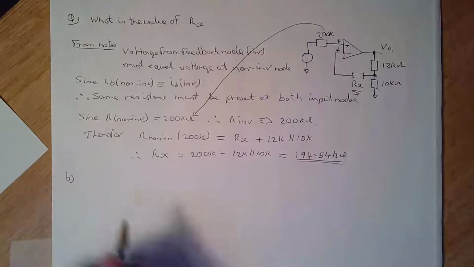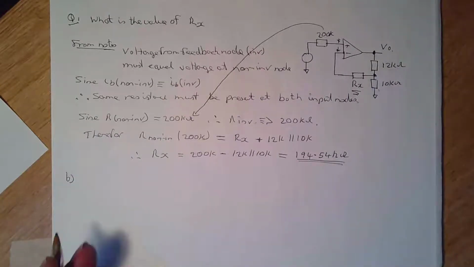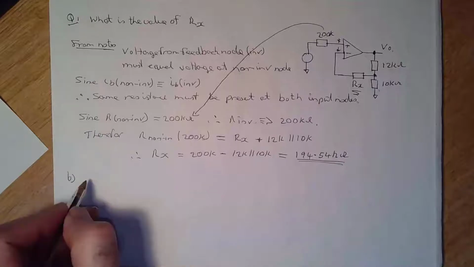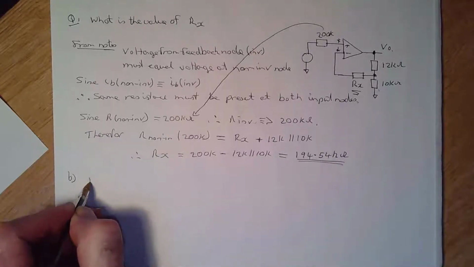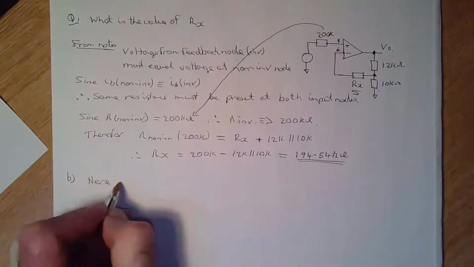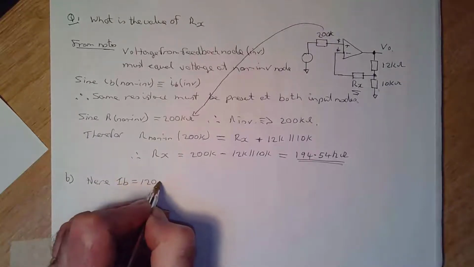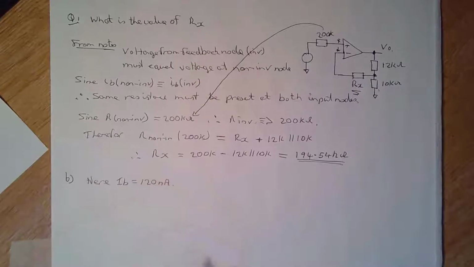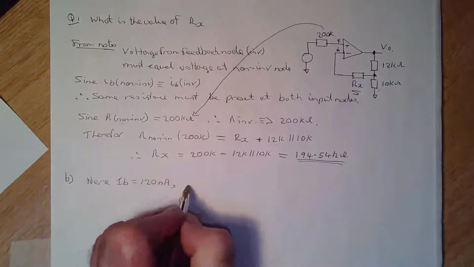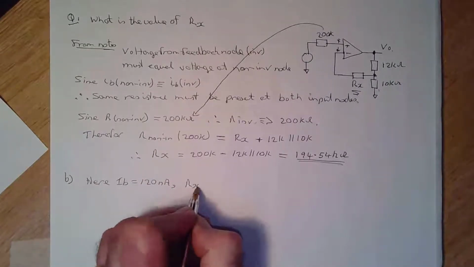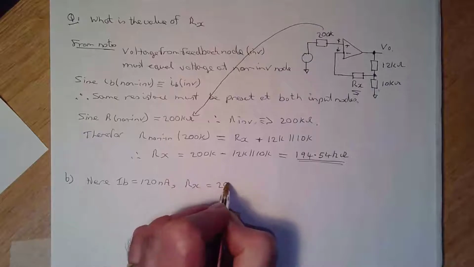In part B, we're asked the same question, but in a different form. Here, IB equals 120 nanoamps and Rx equals 200 k ohms.